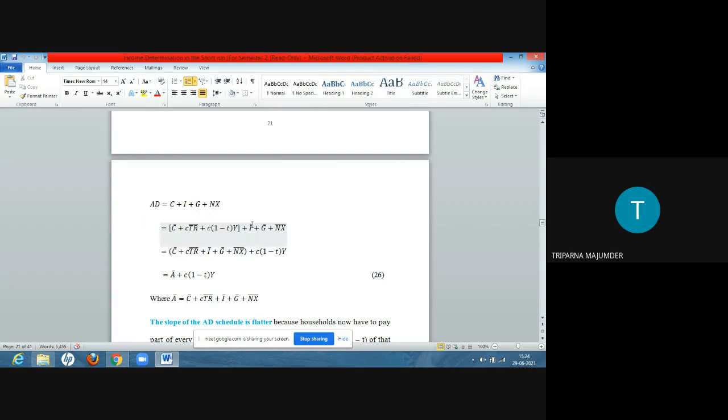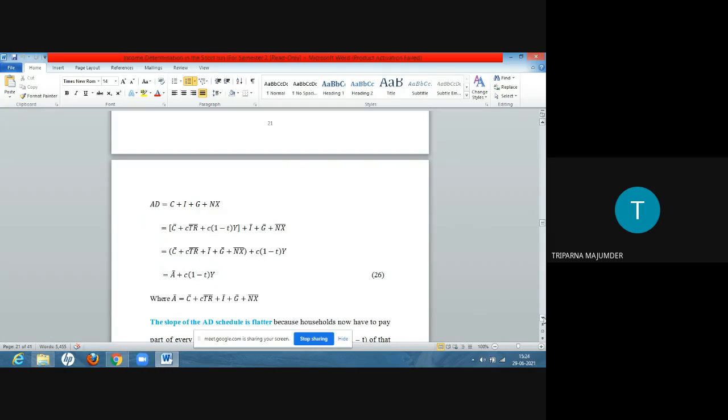To that, we have an autonomous investment I bar, autonomous government expenditure G bar, and net exports is also fixed. Now we collect terms and we find that this entire part is constant. This does not depend on Y. So we club everything together and get A bar.